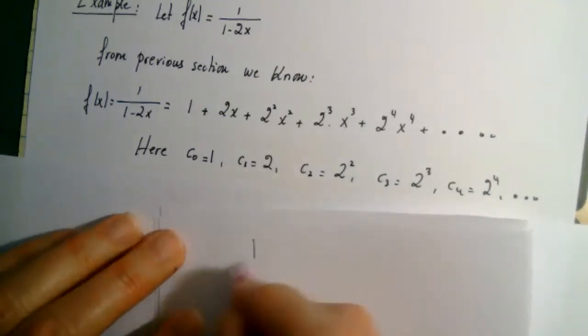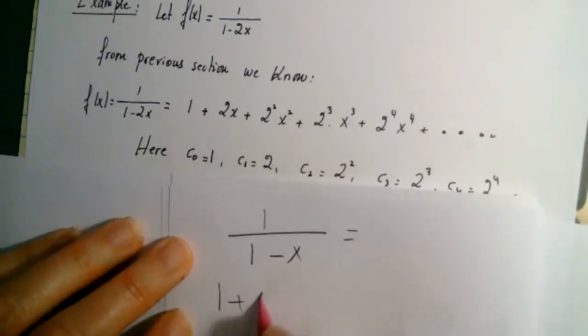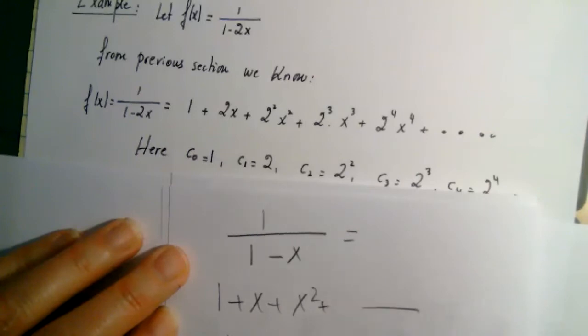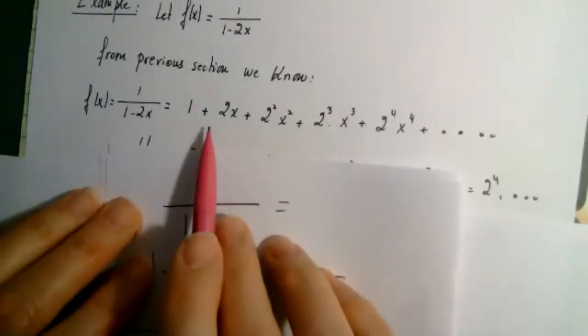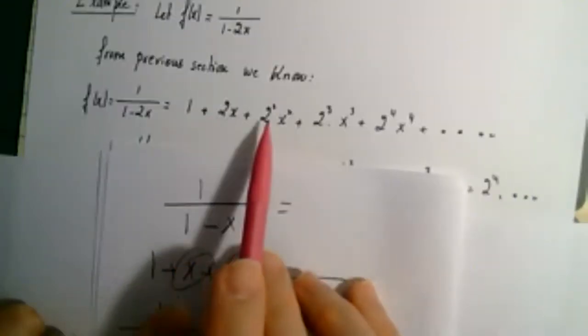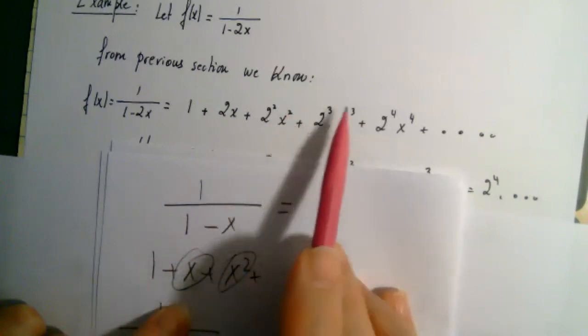We started with 1 over 1 minus x, which is 1 plus x plus x squared and so on. And to get to 1 minus 2x, we plugged in 2x for x. So this is going to give me 1 plus, instead of x it's 2x, plus 2 squared x squared, plus 2 cubed x cubed, plus 2 to the power 4 x to the 4, plus and so on.